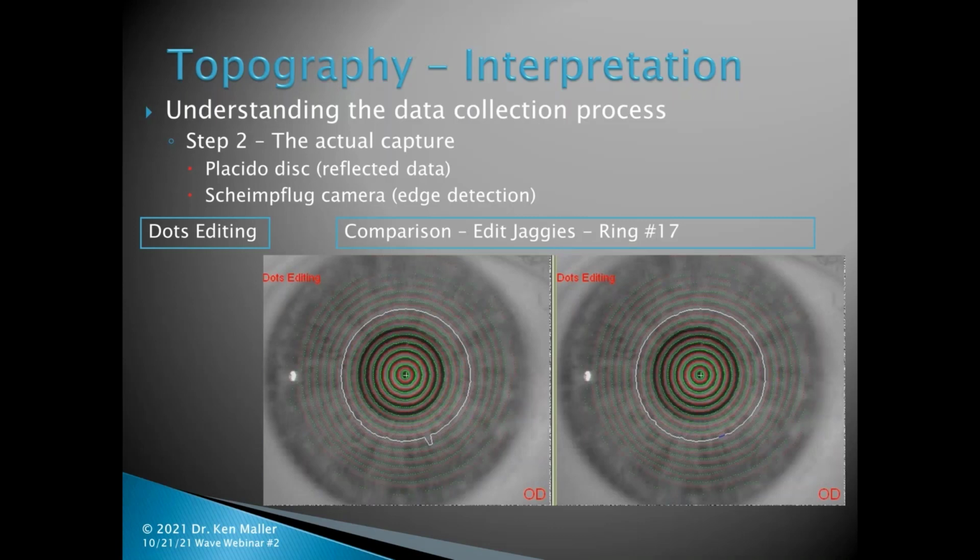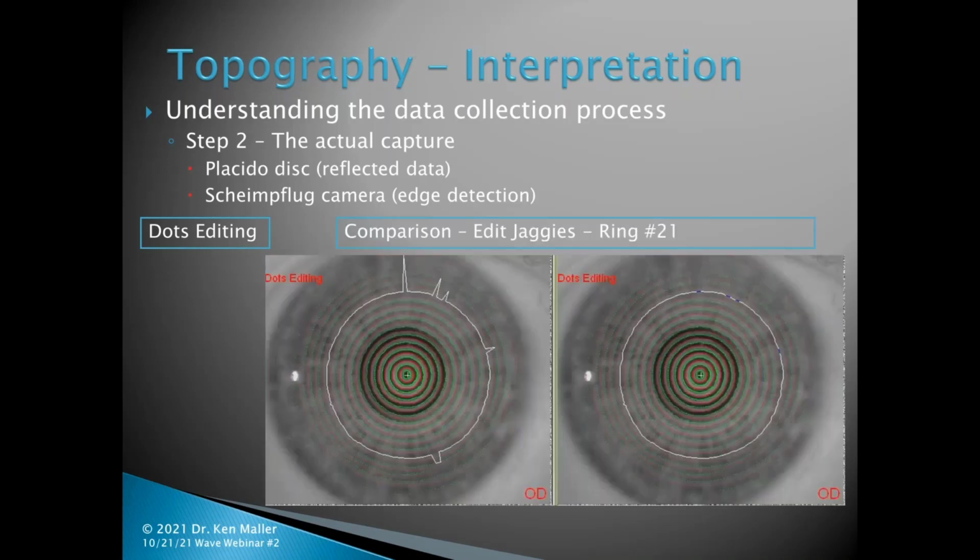So now let's take a look and compare the original, which is the one on the left, with the dots edited fixed version on the right. You can see on ring 17, I connected that with the little blue area, and you can see that little jaggedy thing where it connected with a ring further outside, thinking that's actually where the ring should have been. On the next ring, 21, you could see we had some more errors over here, and so we have what looks almost like an electrocardiograph there, where we have the blips on the left image, but it's all been cleaned up very nicely on the right image.